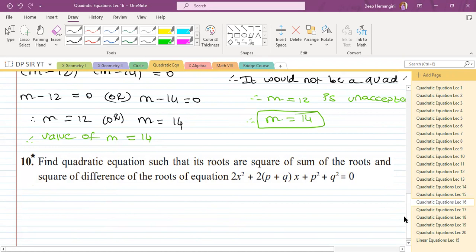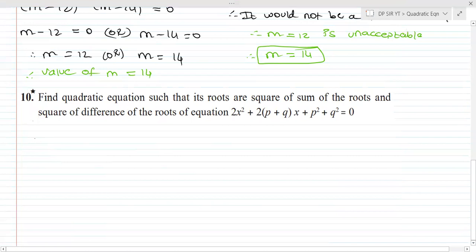So first of all, जितना मुझे समझा, again we'll start with comparing it with the general form. So comparing with ax square plus bx plus c is equal to 0.